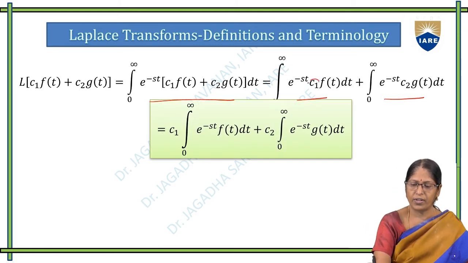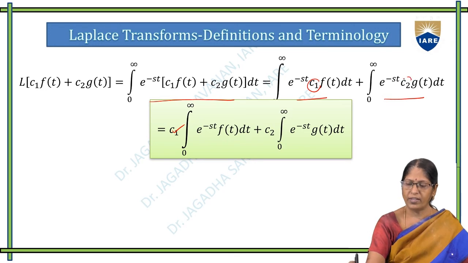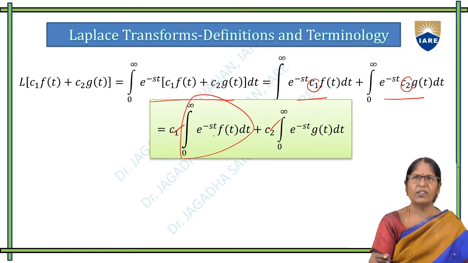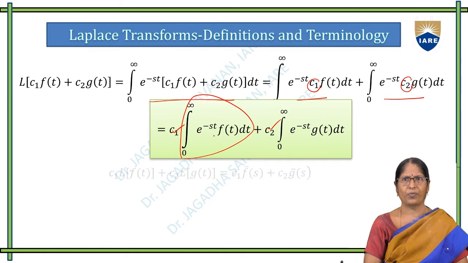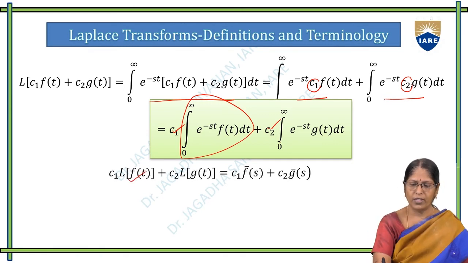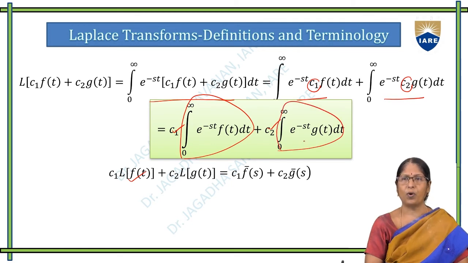In the first integral, we have taken the c1 outside. In the second integral, c2 we have taken outside. After taking them outside, we notice this is nothing but our Laplace transform: c1 L of f of t, and c2 times the Laplace transform where the function is g of t.